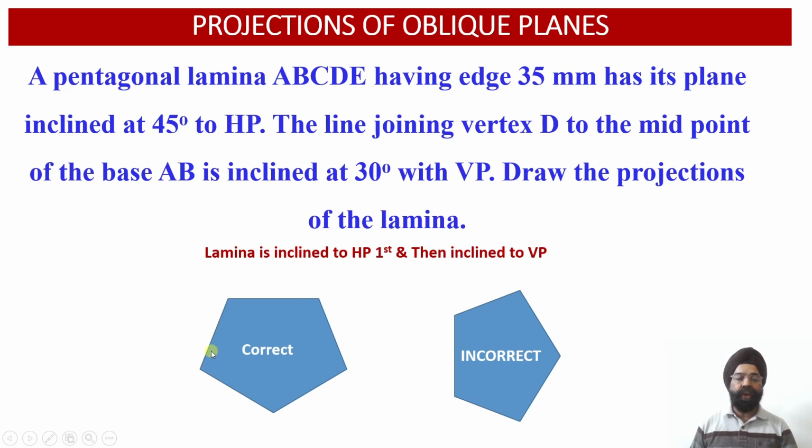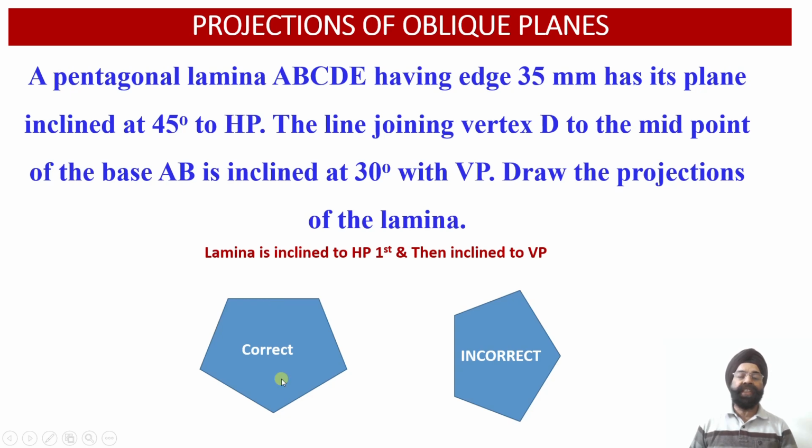So onto the top view, we are going to obtain the apparent shape of this pentagonal lamina in which all the 5 edges will be foreshortened. Why? Because all these 5 edges of this pentagonal lamina will be inclined with respect to the horizontal plane. But this line which joins vertex D with the midpoint of the base AB will still be parallel to the horizontal plane.